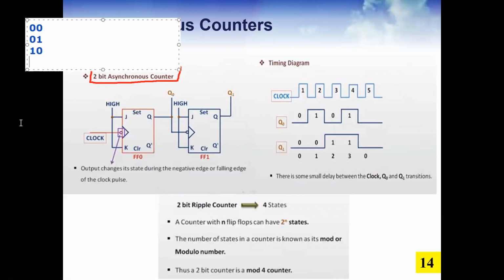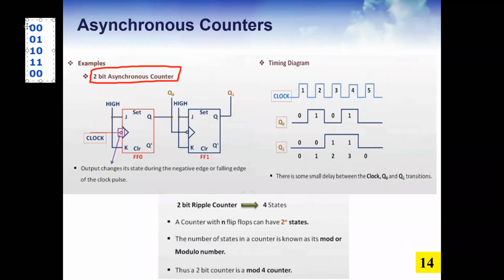It is an up counter, by the way. I will tell you how we can design a down counter. What will be the next count after 11? After 11 comes 00, because it works in a loop, in a rotation manner. It will reach 00, then start counting again.